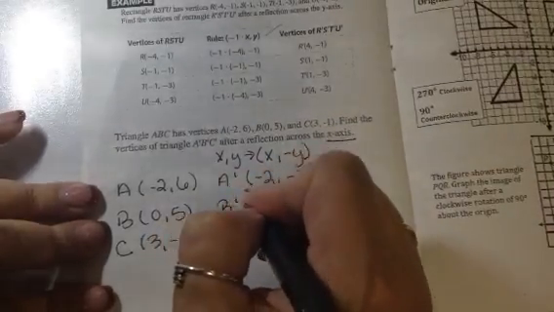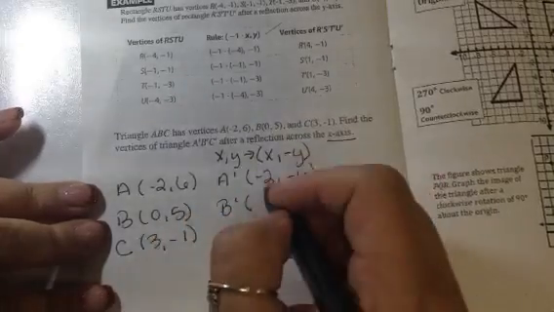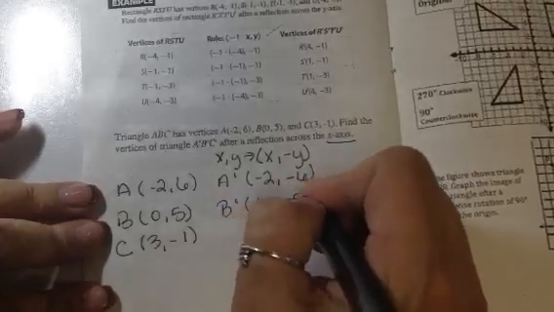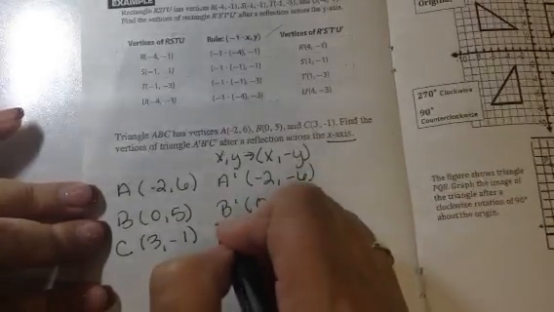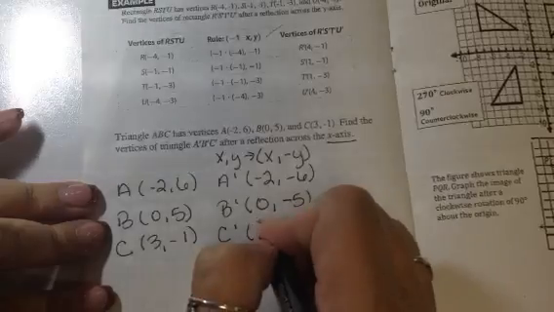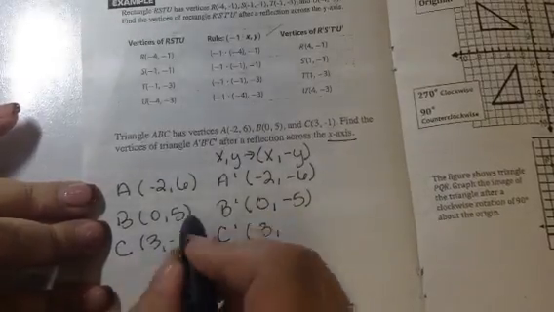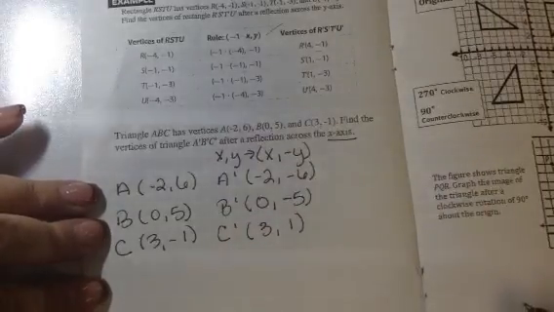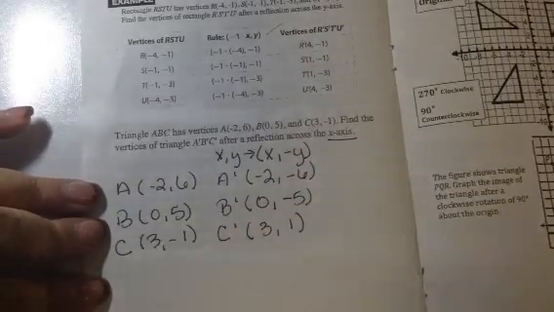For B prime, our x stays the same, so 0 stays the same. And our 5 is going to change to a -5. And then for C prime, our 3 stays the same because x is the same. And this -1 is going to change to a +1. Okay, if you have any questions about this, please come see me during tutoring.